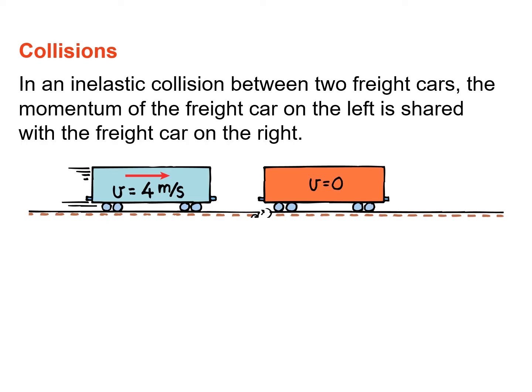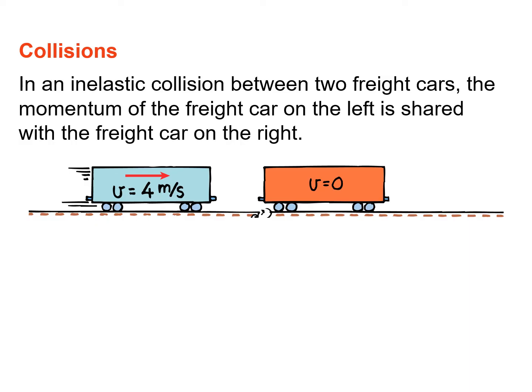So here's two toy train cars, and the blue one is moving toward the right of the screen at 4 meters per second, whereas the red one is at rest. If this is an inelastic collision, then when the two collide, they will stick together. What do you think will happen?